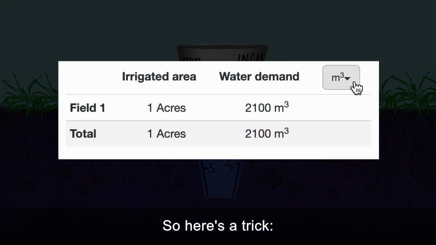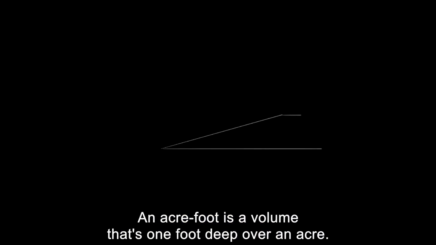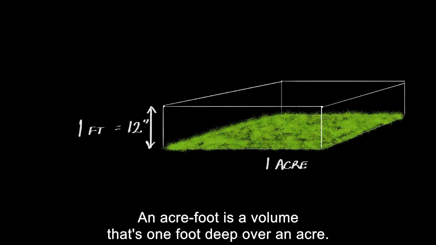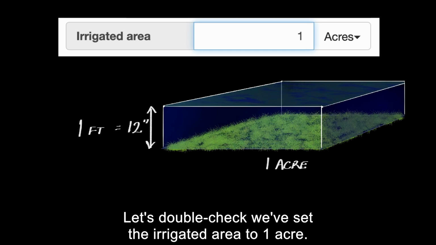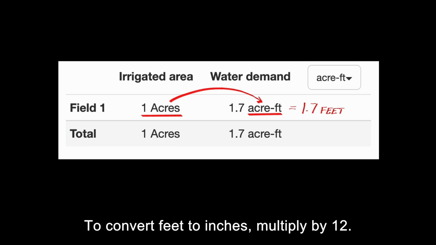To picture irrigation amounts, I prefer water depths in inches or millimeters, just like we measure rain. So here's a trick. Change the units to acre-feet. An acre-foot is a volume that's 1 foot deep over an acre. Let's double check we've set the irrigated area to 1 acre. Now, these acre-foot values give us water depths in feet. To convert feet to inches, multiply by 12.